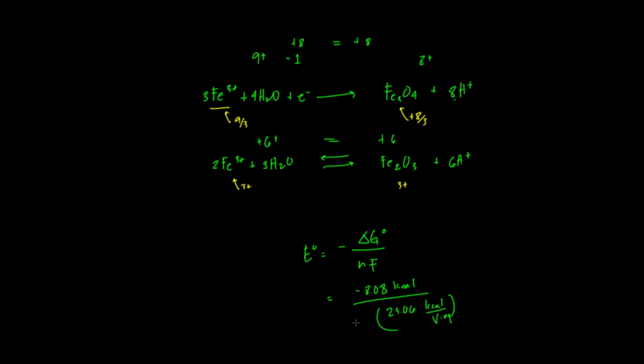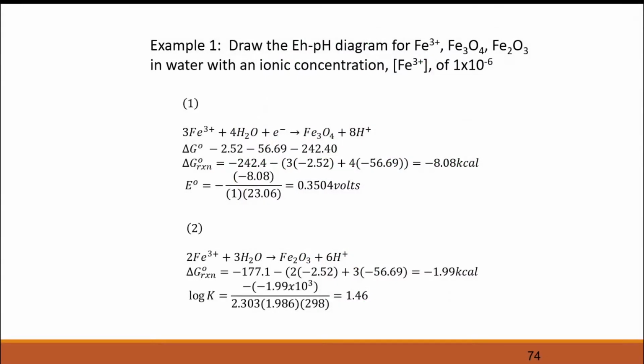And we have one electron, therefore this is one equivalent. And we have a negative sign here preceding the entire term. So negative negative, this becomes positive, and if you did the calculation, we should get this value. Okay, so that's equal to positive 3.504 volts.